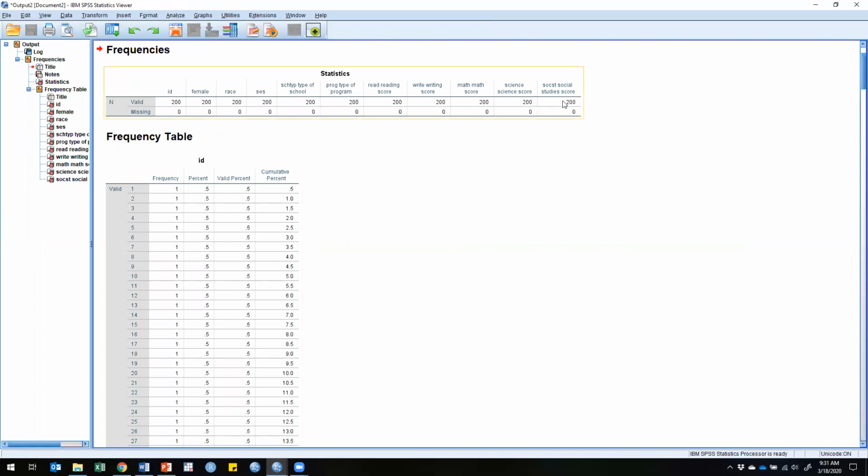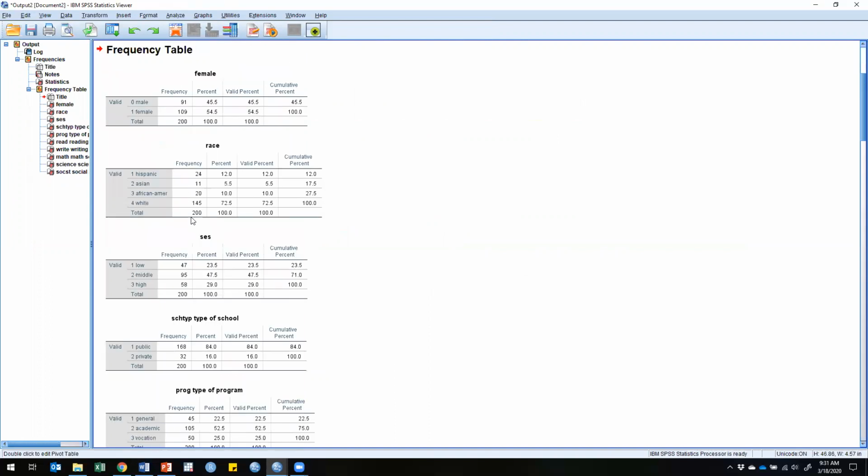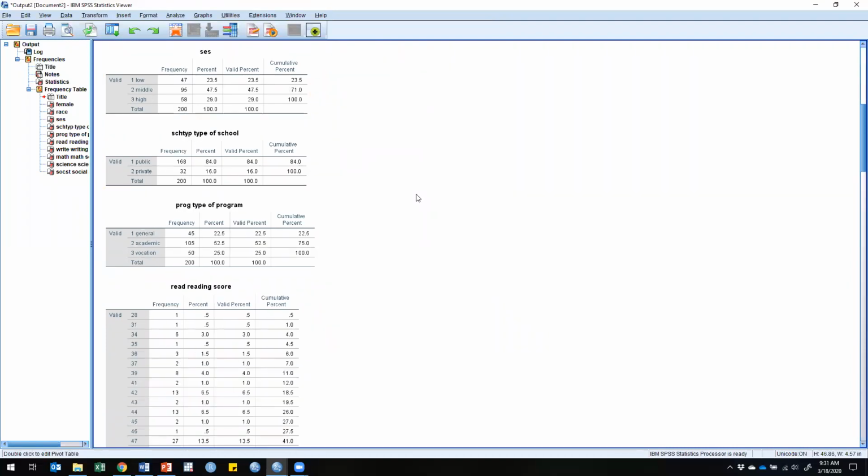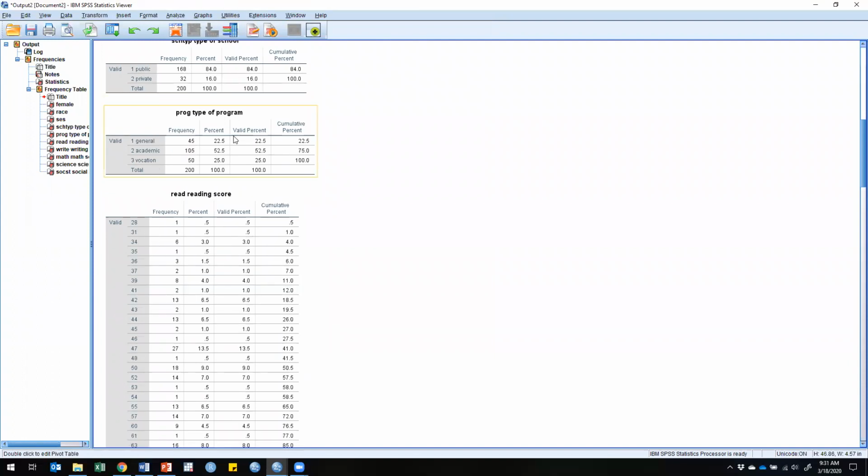Look, there's no missing data, complete cases on everybody. We have an ID variable. We have a variable indicating students' gender, 1 for female, 0 for male. We have a variable indicating students' race or ethnicity, a variable indicating their socioeconomic status, the type of high school they're attending, whether it's public or private, and what type of program they're in at school, whether they're in a general track, an academic track, or vocational track.